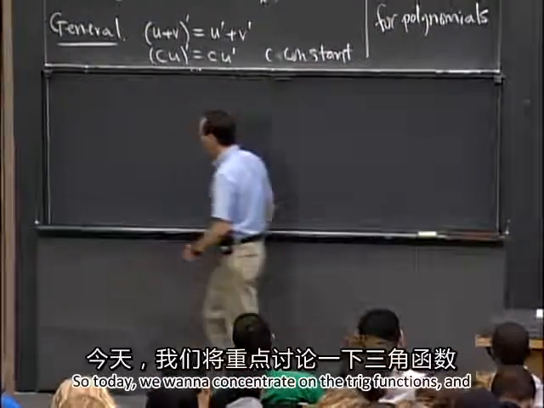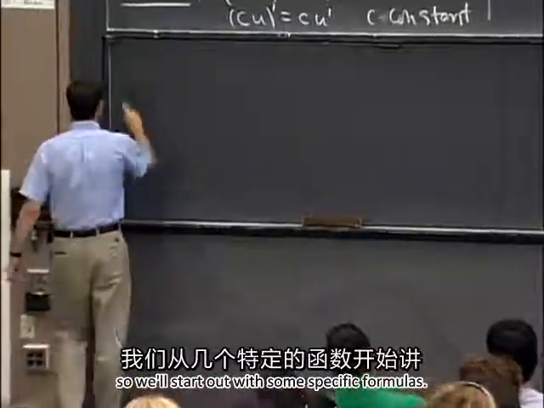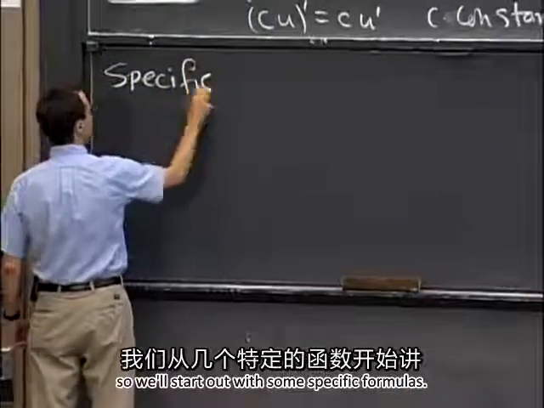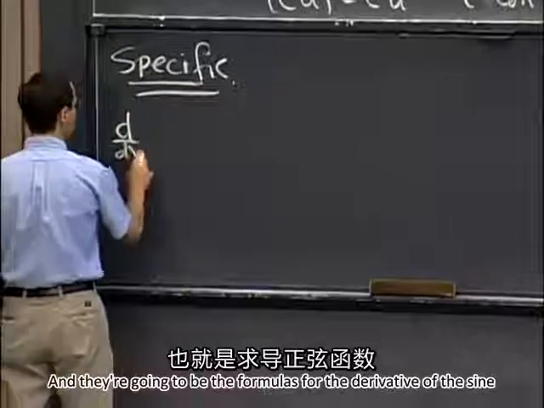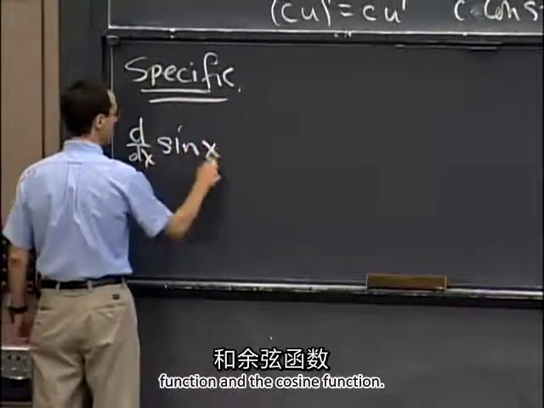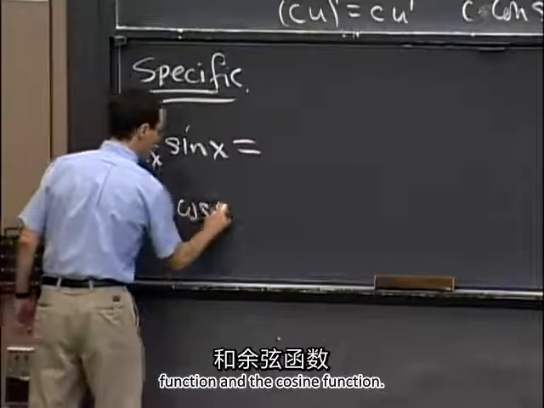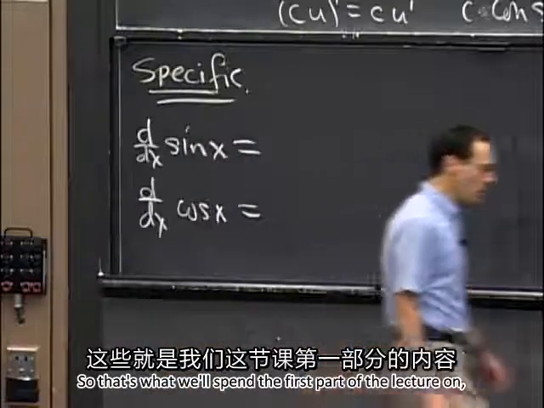So today, we want to concentrate on the trig functions. And we'll start out with some specific formulas. They're going to be the formulas for the derivative of the sine function and the cosine function. So that's what we'll spend the first part of the lecture on.